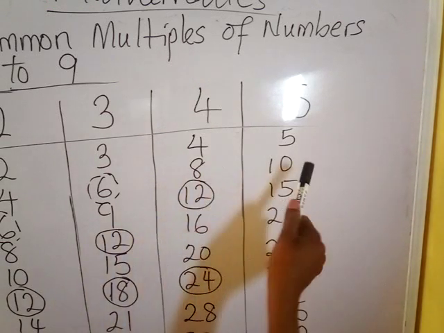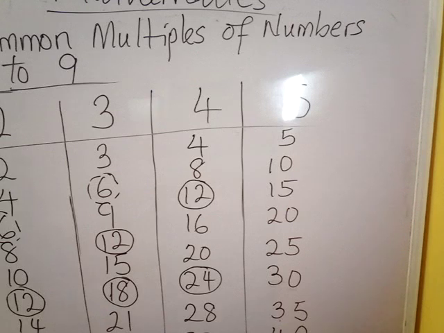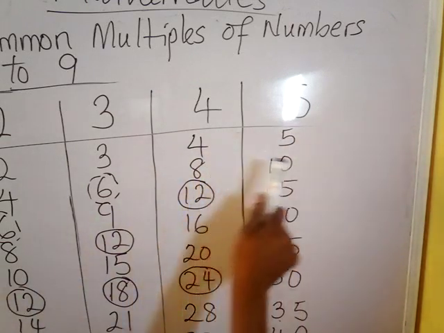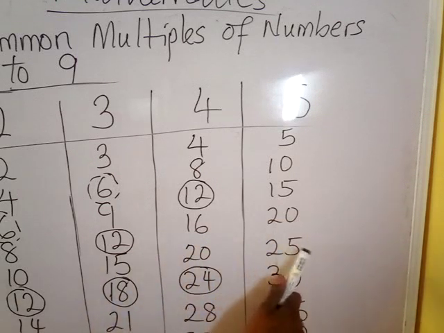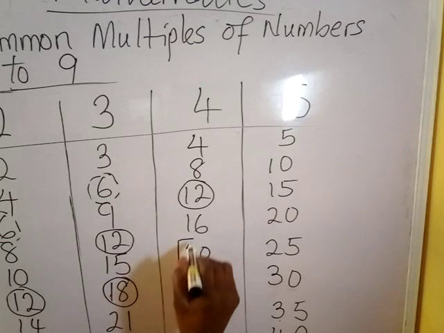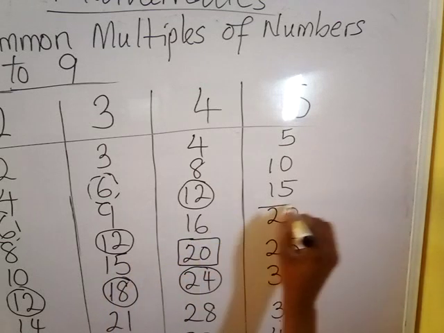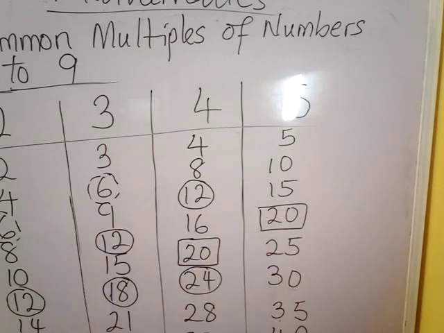Okay, so now let's look at 4 and 5. So we have 4, we have 5, nothing. 8, 10, 12, 15, 16, 20, 20, 25. We have 20. So that means I'll draw a square. Let's not. 20 and 20 is a common multiple of 4 and 5. So let's continue.